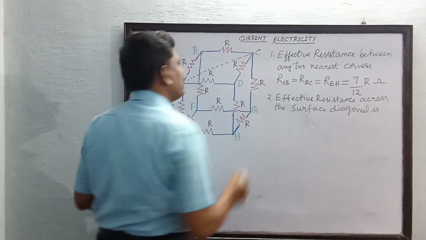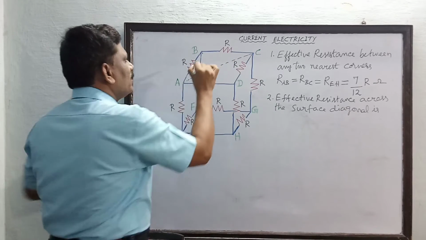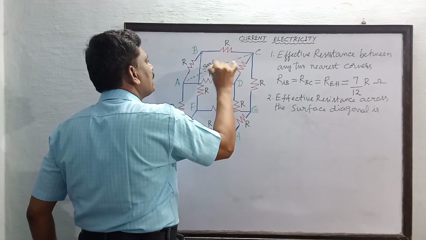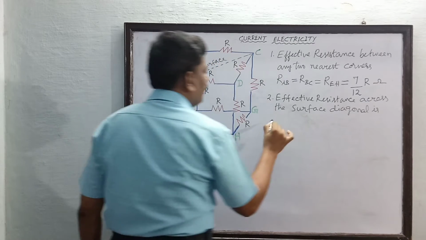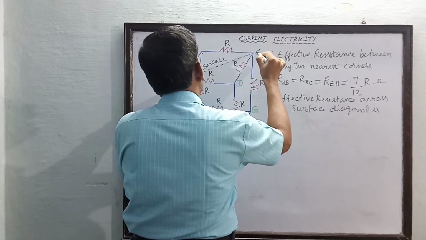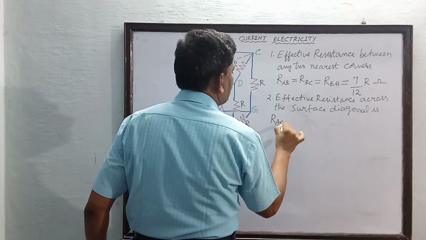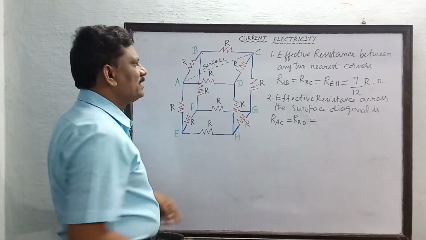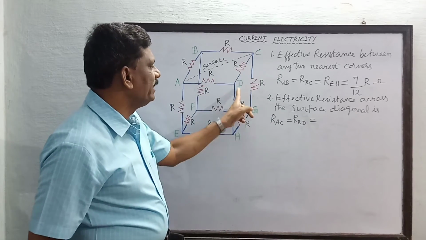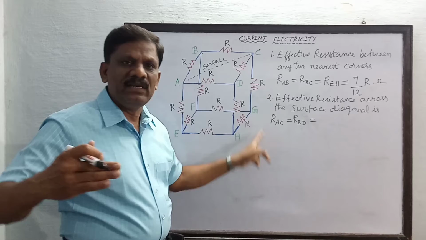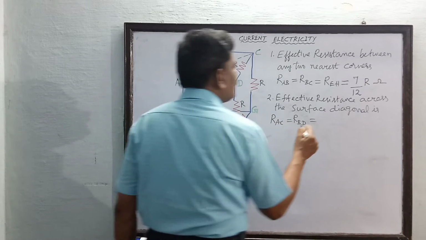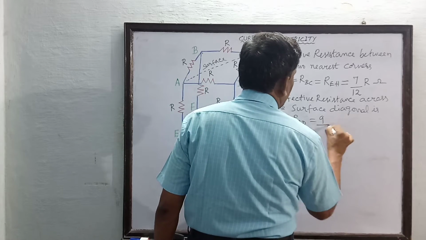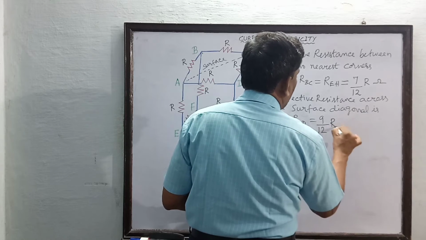Can you see the dotted line? So this is called the surface diagonal. For example, R_AC is also equal to R_BD. Like that, on every surface you can take C and H, D and G diagonals. So this is equal to 9 by 12 into R ohm.